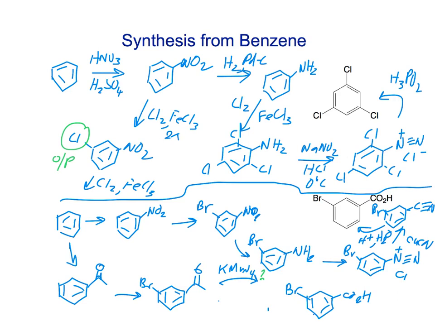So it's better for us to kind of stick with what we've been learning. The other suggestion was that we could reduce the ketone to the alkyl group first and then just do the benzylic oxidation.